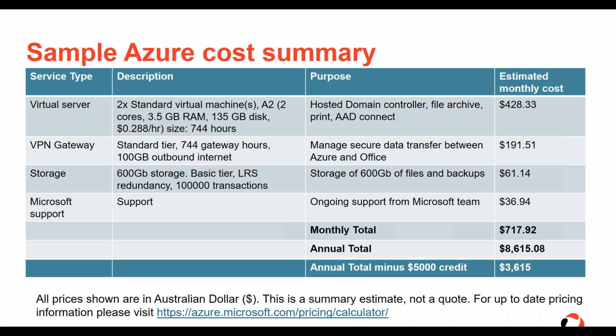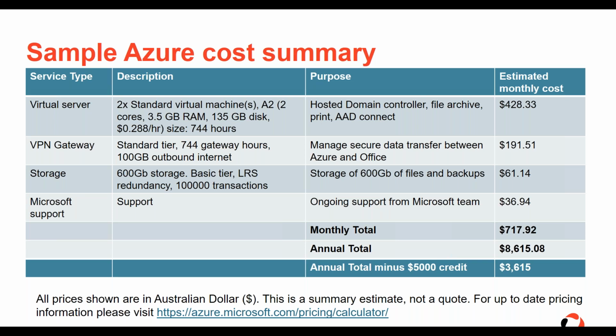The other things that you need to buy to help support those servers is that VPN gateway. So there is a monthly cost associated with having that gateway between the 2 sites. Now again, that was on an Azure approved router at both of those sites, and it's the data transfer between those offices.